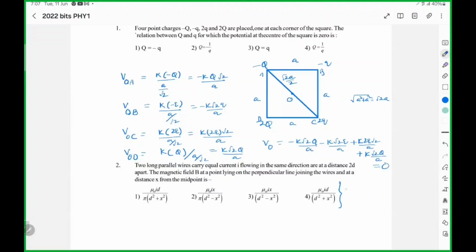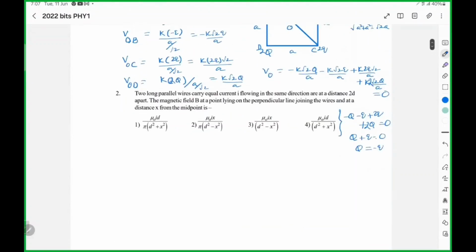Then you have minus q plus 2q plus q is equal to 0. At D it is 2q, right? So 2q minus q, which is q, plus q is 0. So the relation is q is equal to minus, okay, first option.